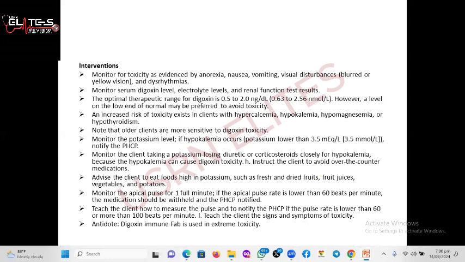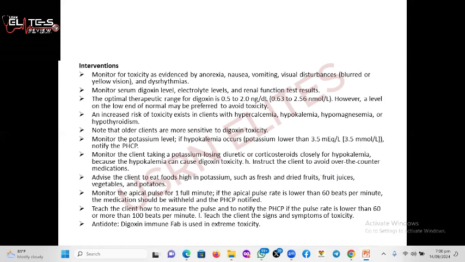So 0.5 to 2.0 is your normal level for serum digoxin. Anything above 2.0 tells you that there is digoxin toxicity. So, as I said, you need to inform the healthcare provider, hold the dose, and then other things would also have to be monitored.